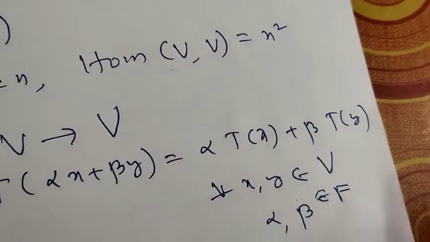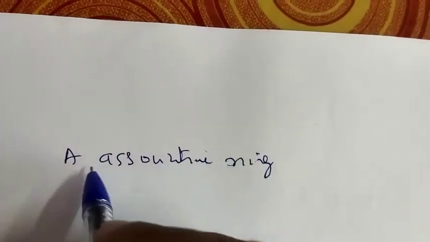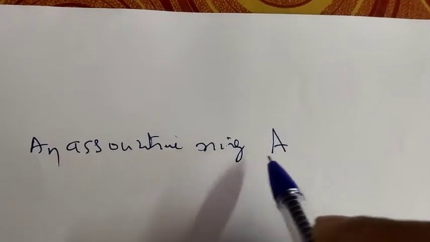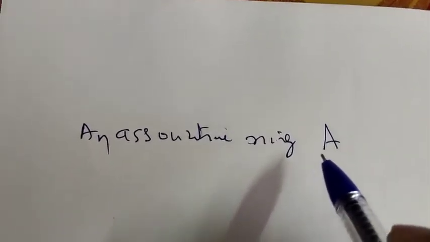Okay. Now, you have studied another definition in your ring theory classes. An associative ring. An associative ring A. A ring is called an associative ring, right? Because it is closed and it satisfies the associative law with respect to multiplication. That will be called an associative ring.